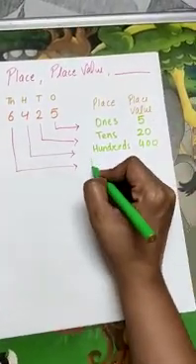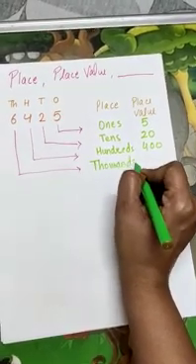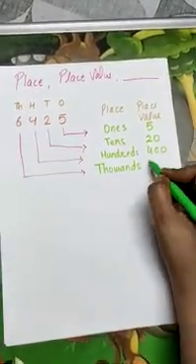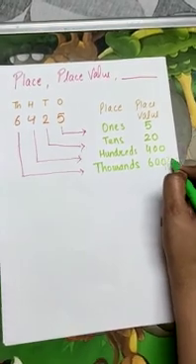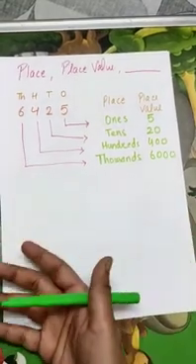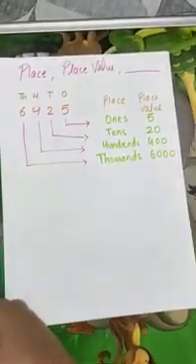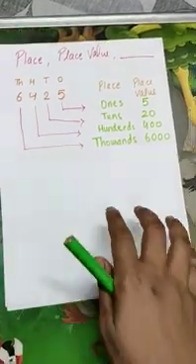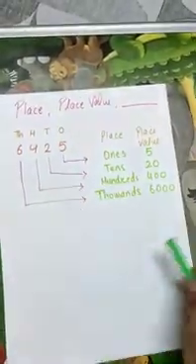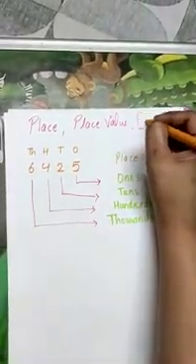The place of 6 is thousands and the place value is 6,000. So here you go. It's the same that we did, and the only difference, new addition, is our thousands place. It's pretty easy.